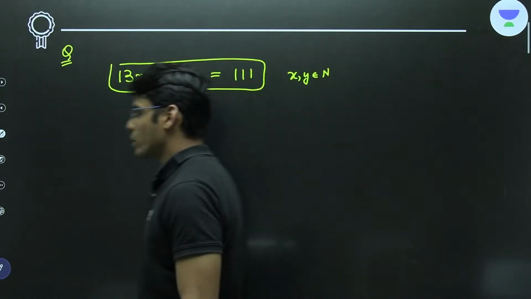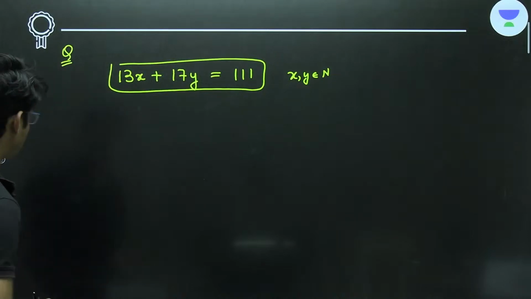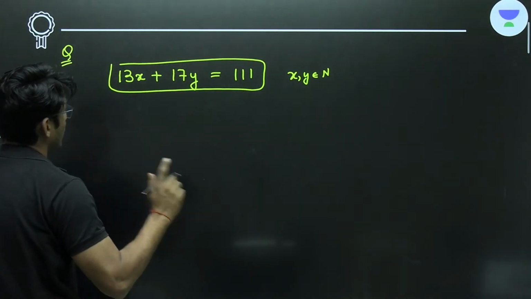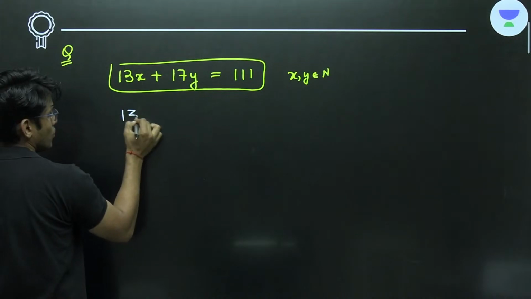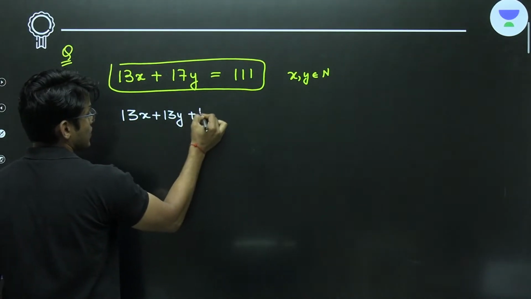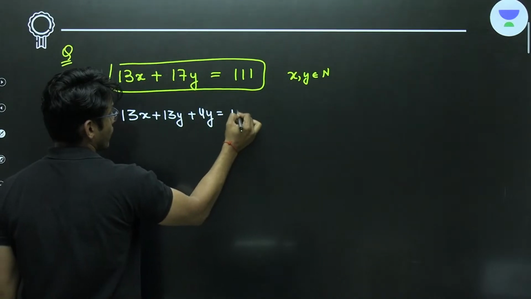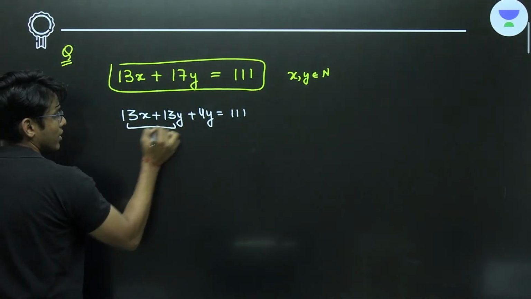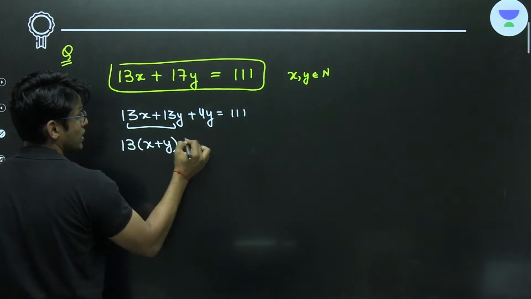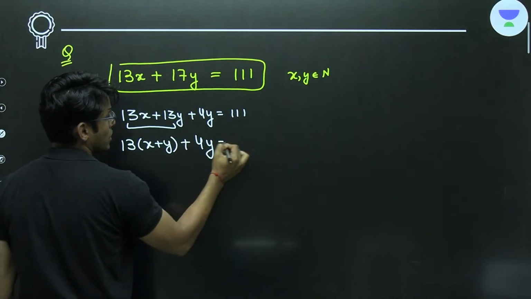See, one way to do it is to write it like this: 13x plus 17y is 13x plus 13y plus 4y equals 111. Then we have 13 times x plus y, plus 4y equals 111.